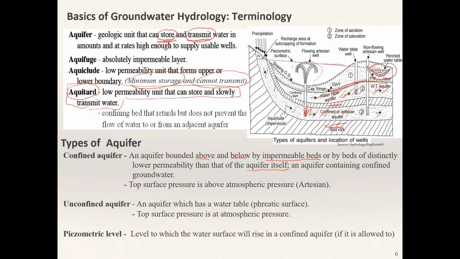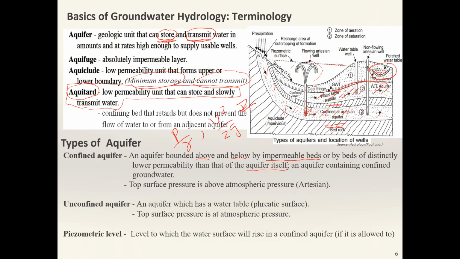Right. Now, piezometric level. Probably you remember when we discussed pipe flow and open channel flow, there are three head terms we discussed. What are they? Pressure head, velocity head, and the elevation head, he said.